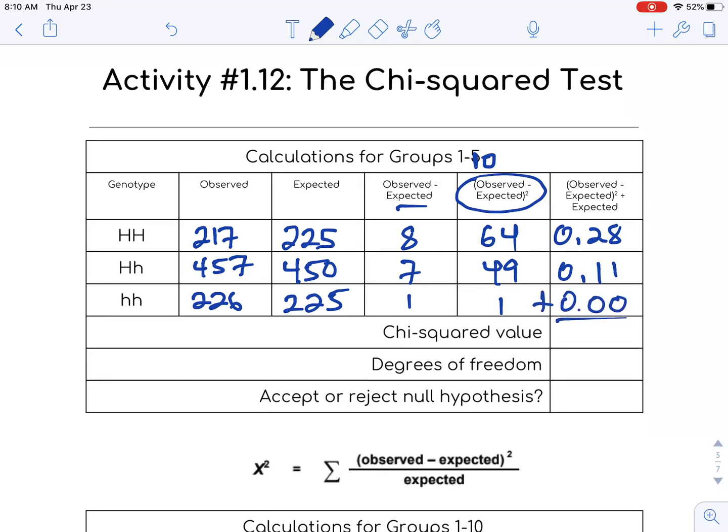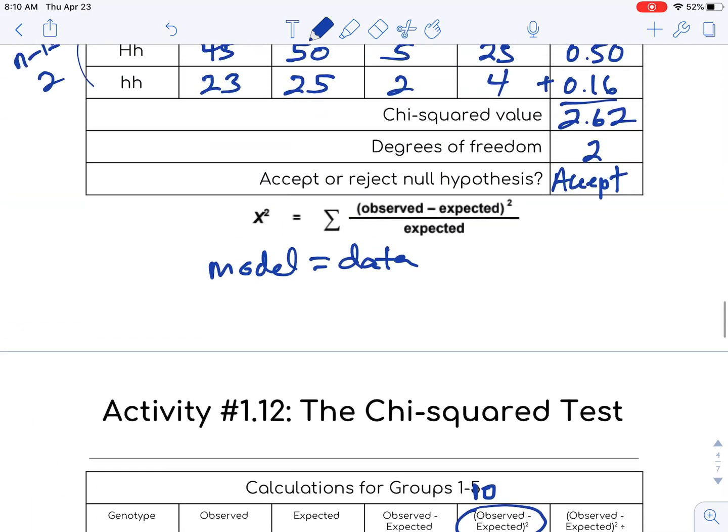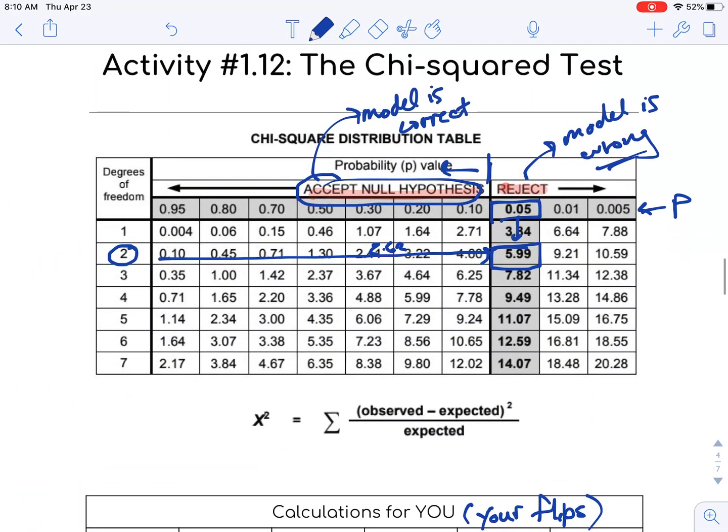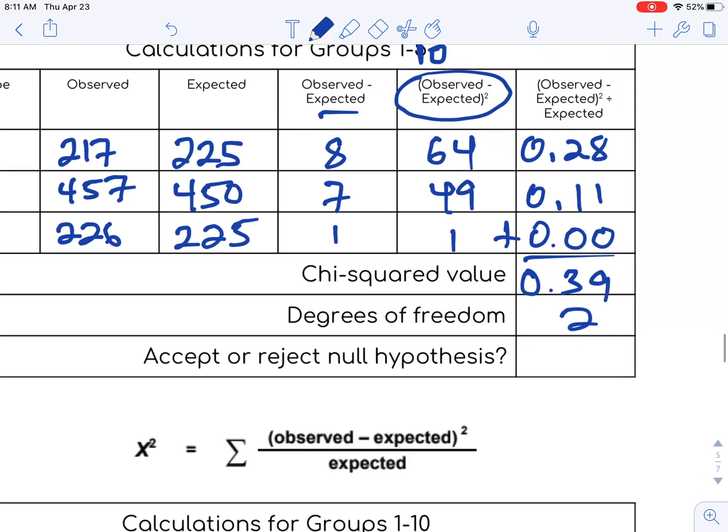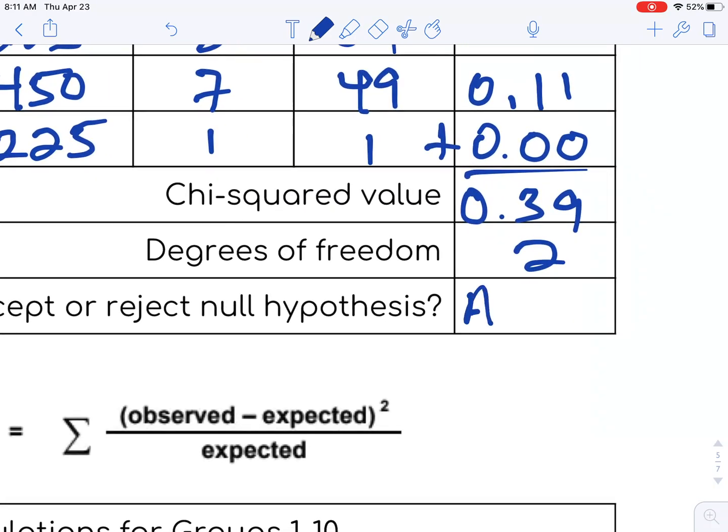We add them together. Okay, so again, our degrees of freedom are our total number n, which is 3. So degrees of freedom equals 2. And we go back up, and we know 0.39 is way, way lower. That's way over on this end over here. So we know that that is going to be accepted.